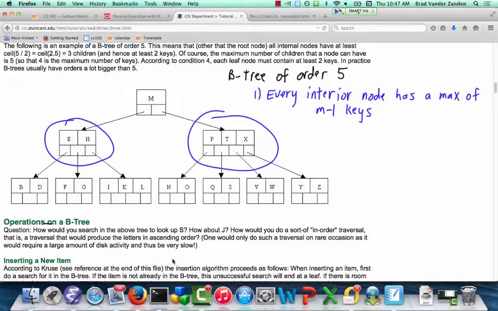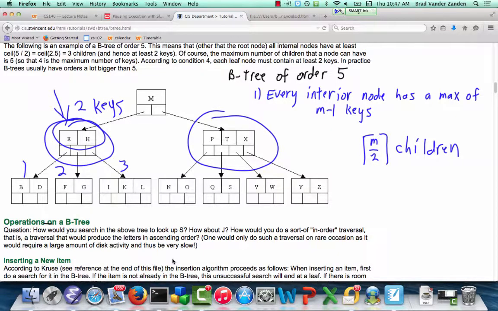Oftentimes when students look at a B tree, they say it's of order 5, and I've said it must have a minimum of m divided by 2 children, and someone points to this node right here and says, wait a minute, there's only 2 children there, it's wrong. No, it has 3 children, 1, 2, 3. It has 2 keys, but it has 3 children.